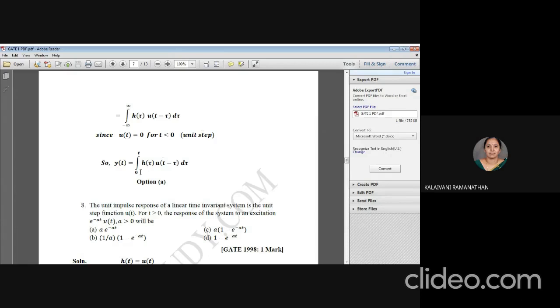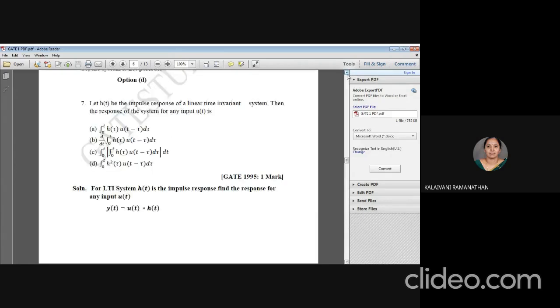So the limit changes to 0 to t because of this unit step function, and you can write this as the integral of h of tau, u of t minus tau, d tau. Now check the options. Option A provides 0 to t of h of tau, u of t minus tau, d tau, so you have to choose the first option.